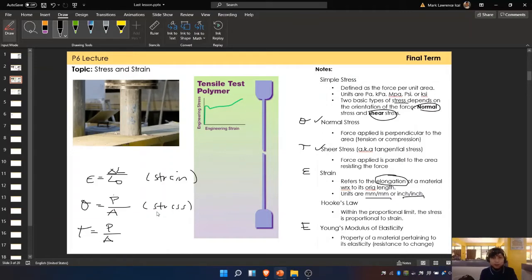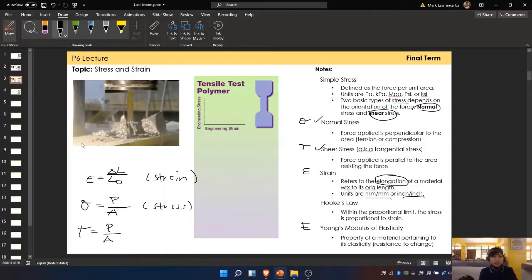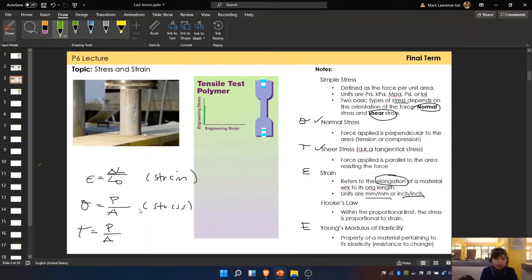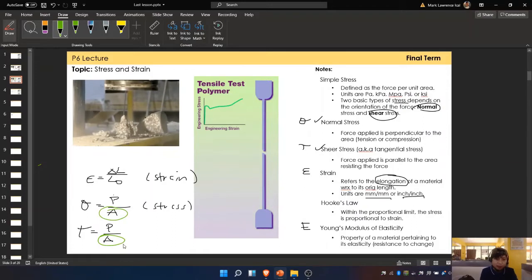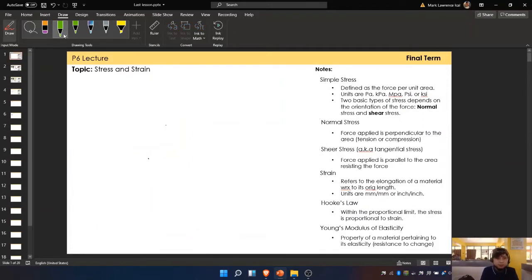Ano sir ang difference between normal stress and then shear stress? So, the difference is yung how we see area. Yung area, pinagkaiba. Sa compression or normal stress, this is P, yung area na yan is yung perpendicular area ng mismong object.